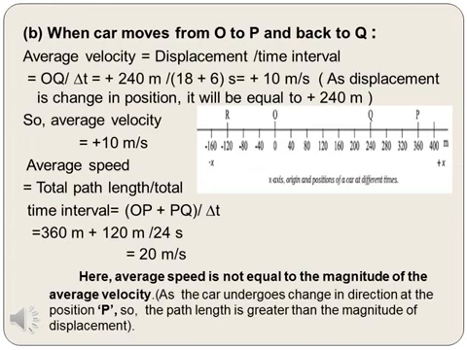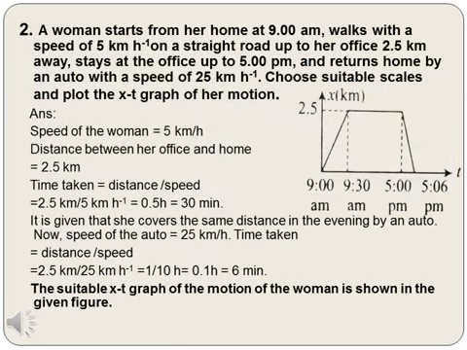Here average speed is not equal to average velocity, as the car undergoes change in direction at the position P, so the path length is greater than the magnitude of the displacement.